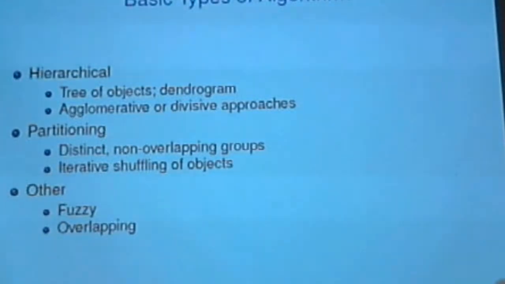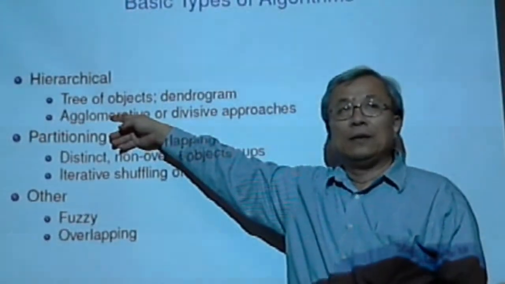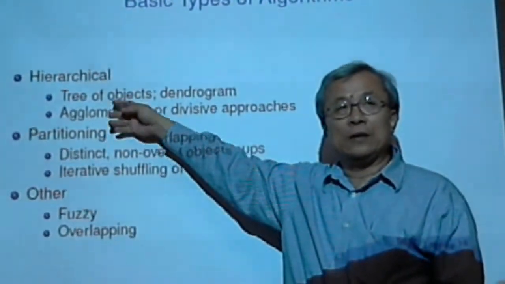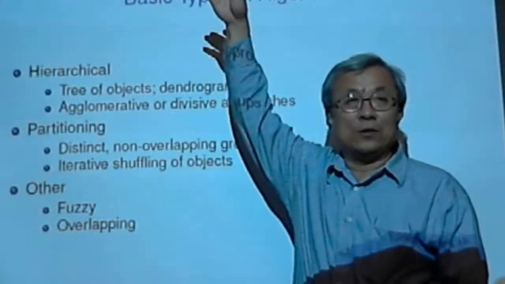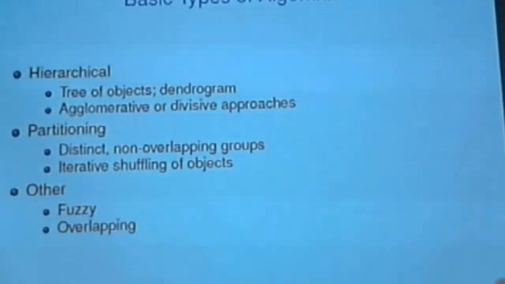Hierarchical clustering has two basic approaches. One is agglomerative, which is a bottom-up method. Building from individual objects up, you finally reach all the objects within one big group.